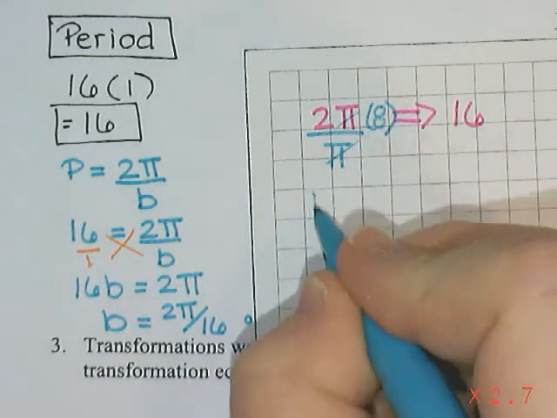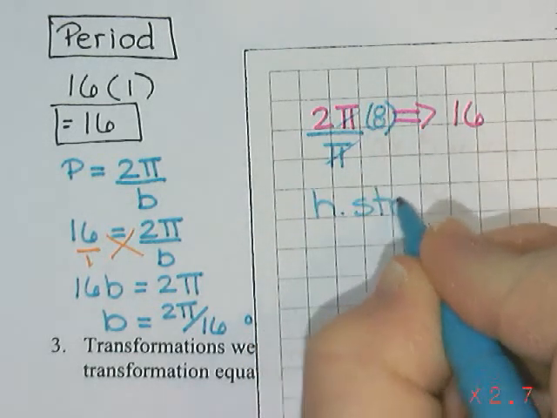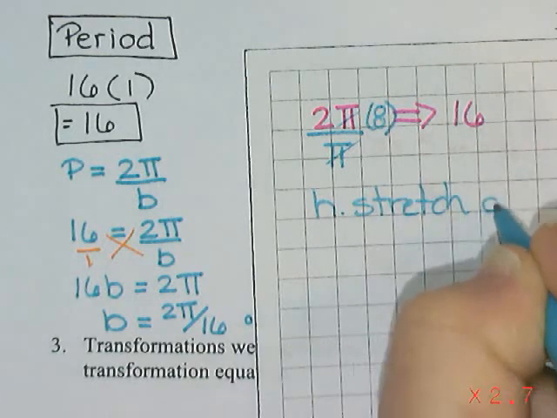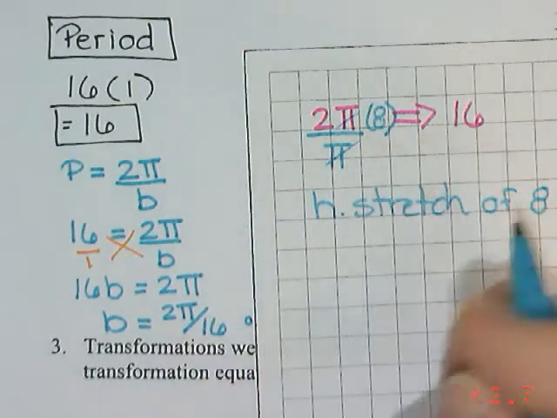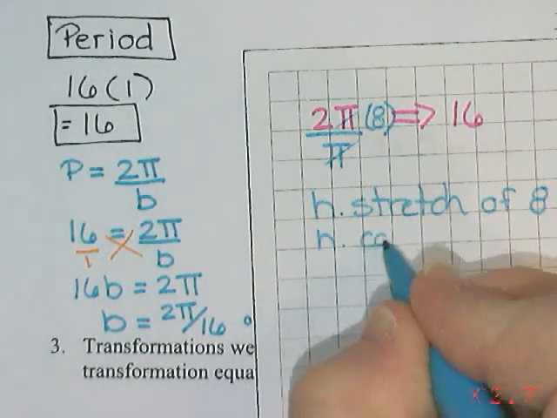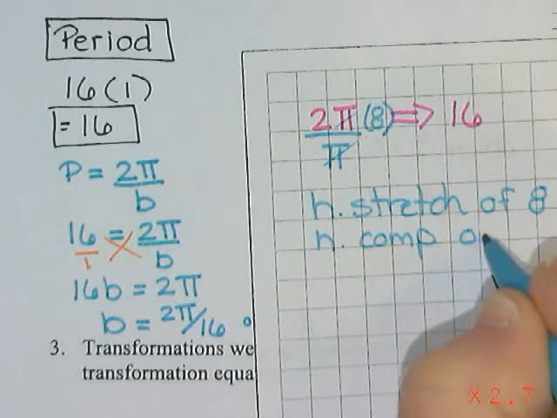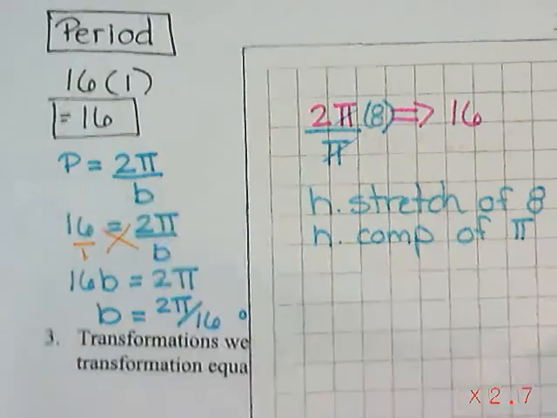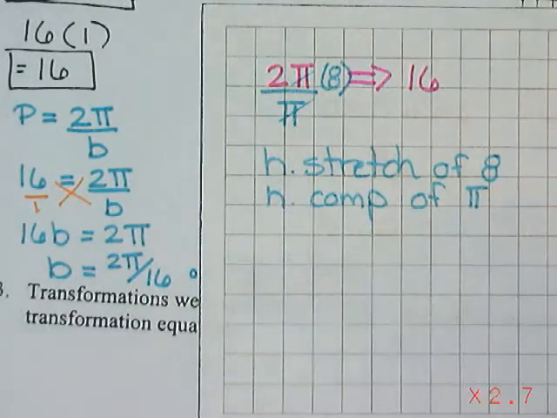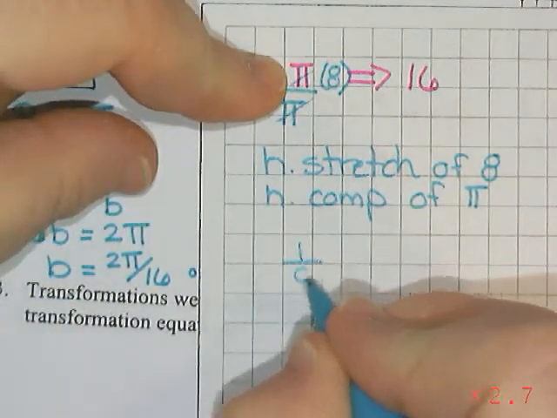Multiplying by 8 would be a horizontal stretch of 8. And then dividing by pi would be a horizontal compression of pi. So if I want to stretch by 8, that would be 1 over 8 as my b value.